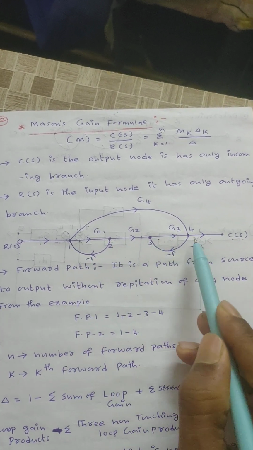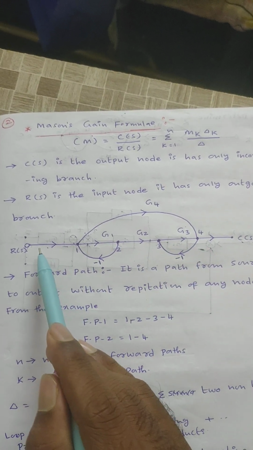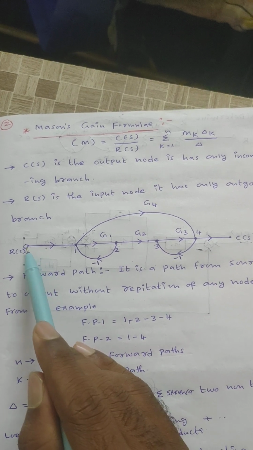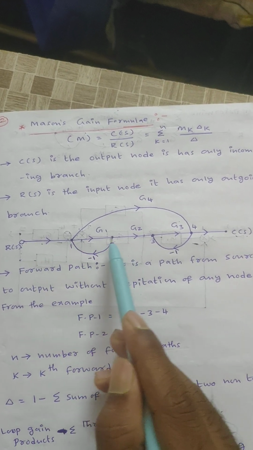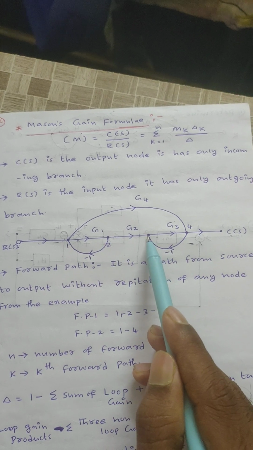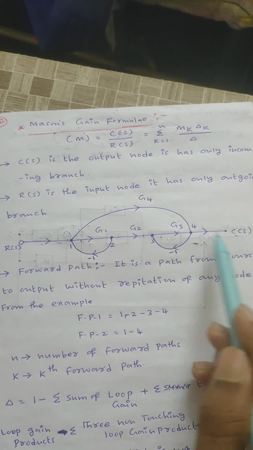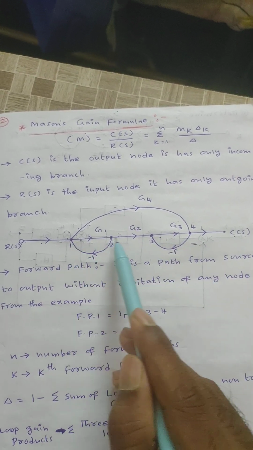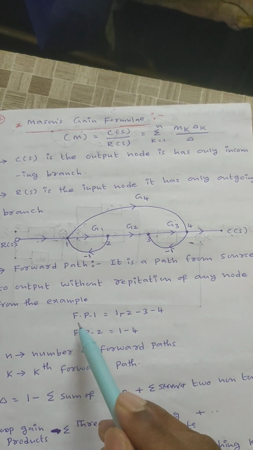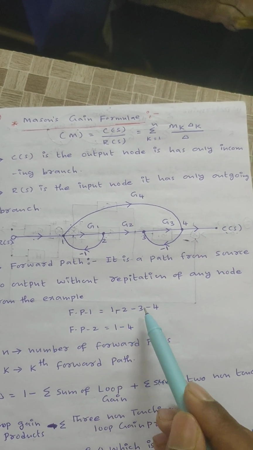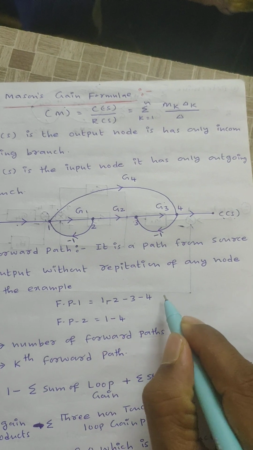The first forward path is from R of S to node 1 to node 2 to node 3 to node 4 to C of S. There is no repetition of a node, right? That is about forward path 1.